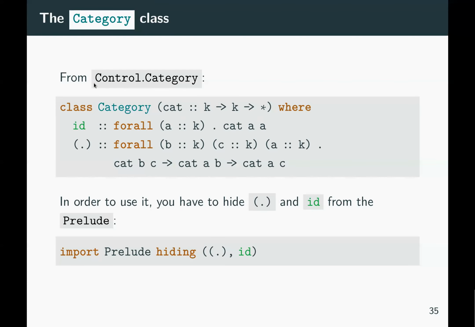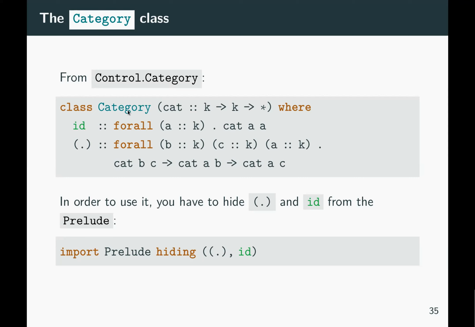So there's a type class, class Category for arbitrary kinds, and it has identity and composition. We know identity and composition for functions: the identity function and composition to compose functions. And this Control.Category class generalizes that.